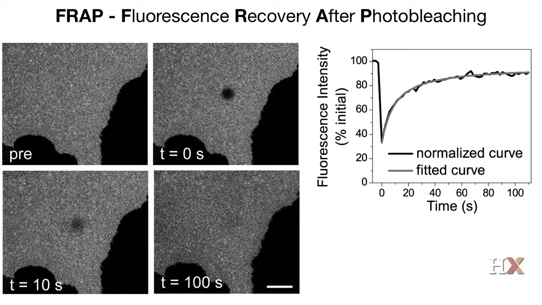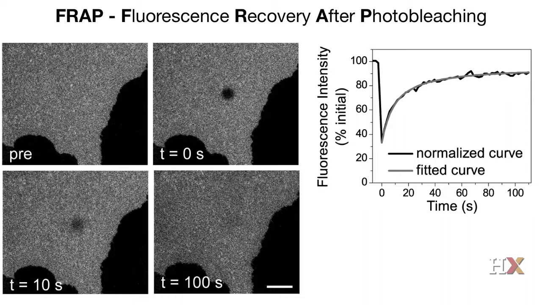From that graph, you can determine a diffusion coefficient of the molecules, in this case the lipid, that was labeled. This diffusion coefficient is in fact determined based on the radius of the bleached spot and the half-time of fluorescence recovery.